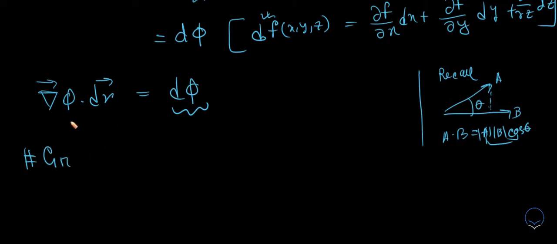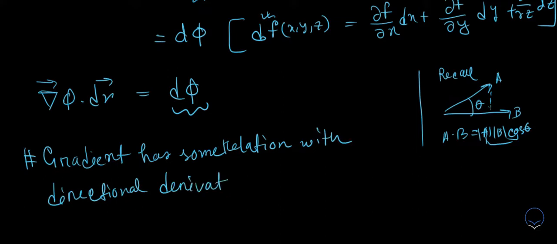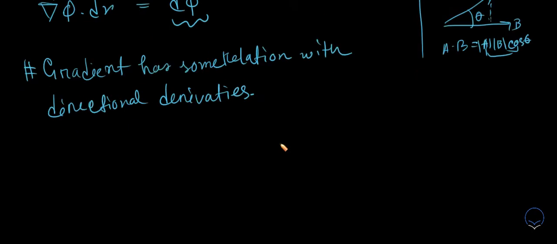So from here you can suspect that gradient has some relation with directional derivatives. Right? And now we are going to see how we can actually relate them.